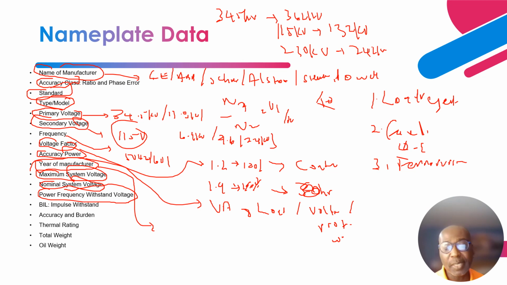Ferroresonance condition basically occurs when you have equipment that has inductance and capacitance elements, passive elements, connected in series. It interacts with external passive elements, inductors and capacitors in the power system network. So you can have a capacitor bank in the power system network, you can have a reactor in the power system network.